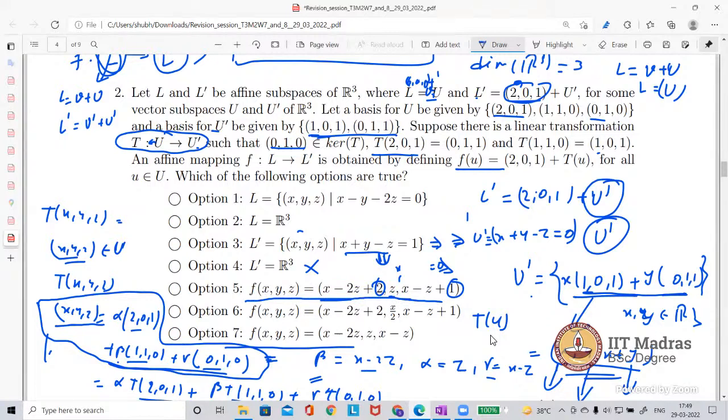But sir, over here we are not considering the 201 from the first line. We are considering the 201 from the last line, which is given as f of u equals 201 plus t of u. So that's why we are adding that 201. In the mock, the v was not 0 actually. So that's why I'm asking. In the mock maybe v is not 0. Then you need to be careful. Let me show you.